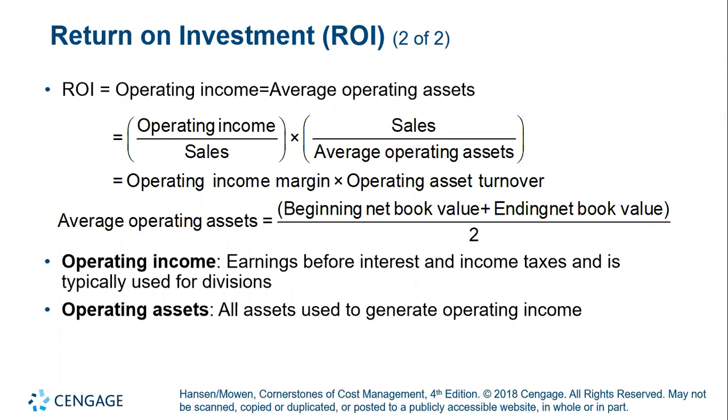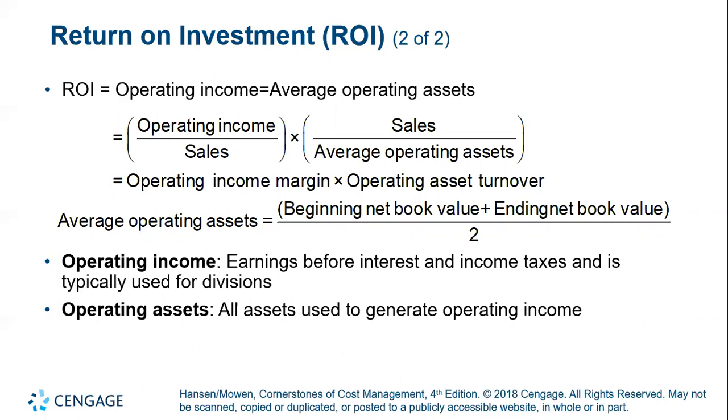If you eliminate the denominator and the numerator, which is sales, then the resulting formula will be operating income divided by average operating assets. Now, the operating income margin times the operating asset turnover will give us the ROI.